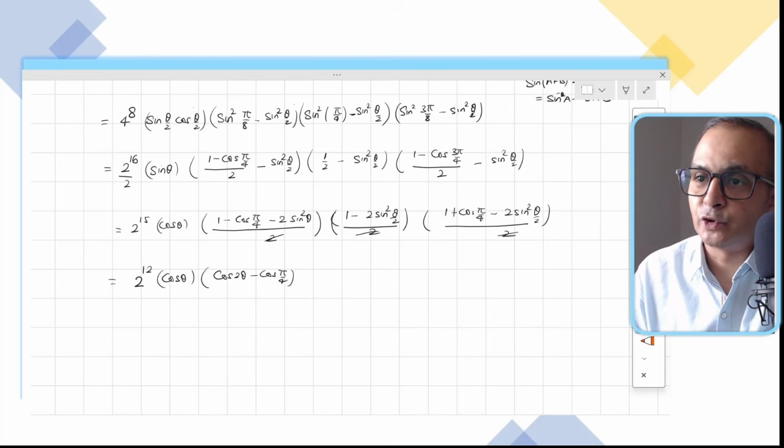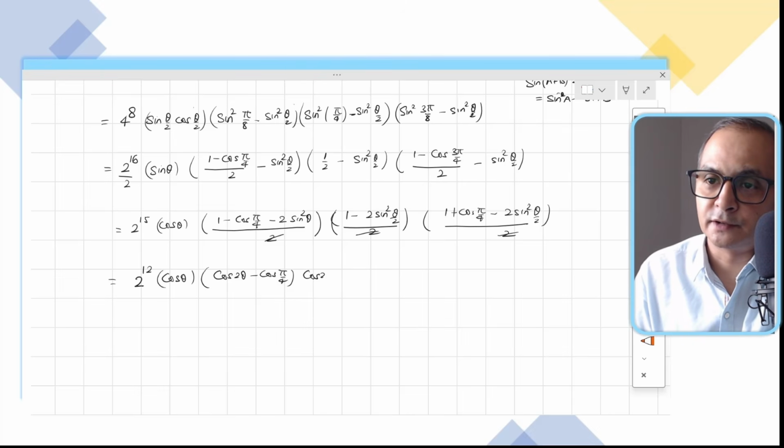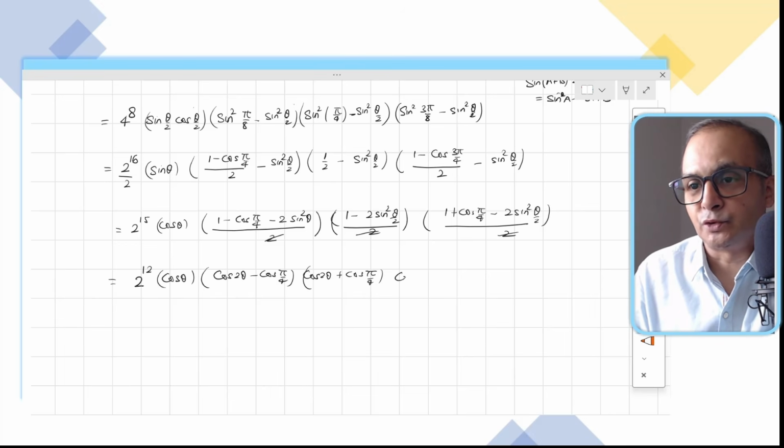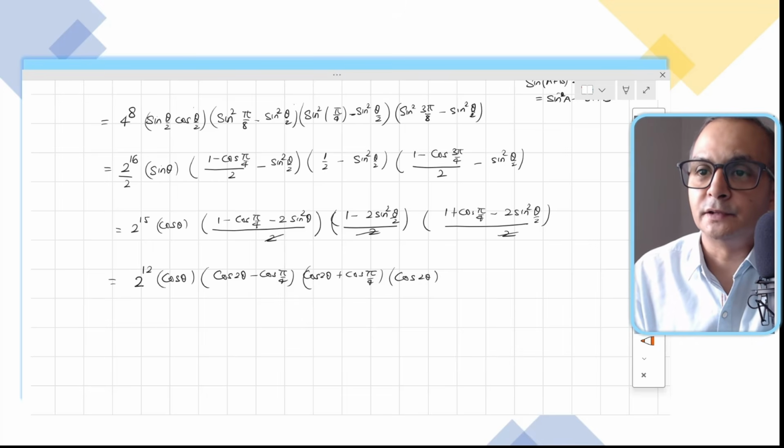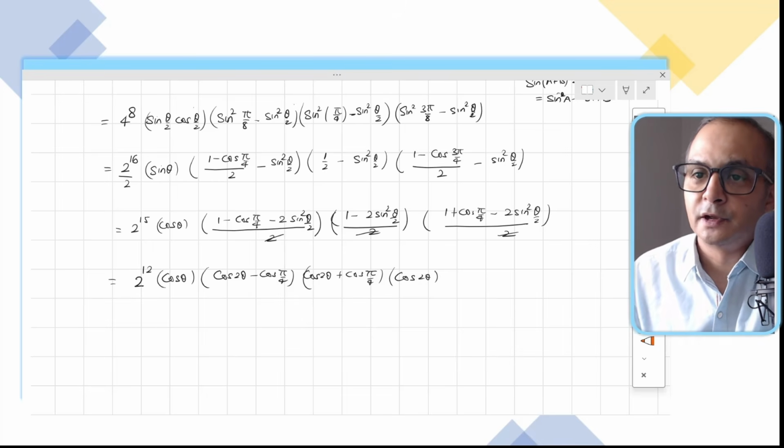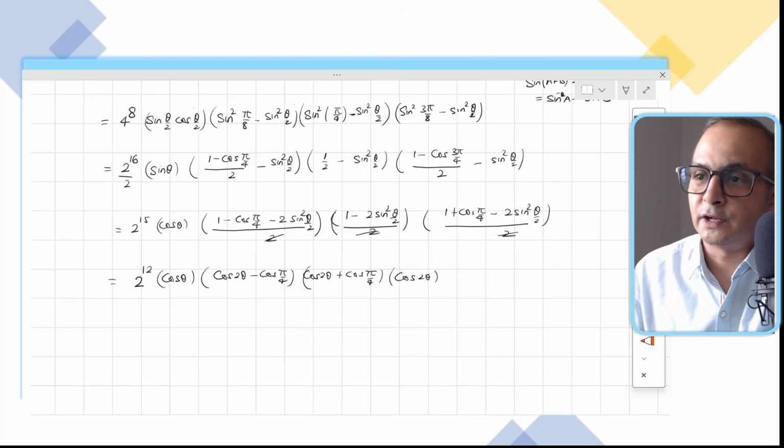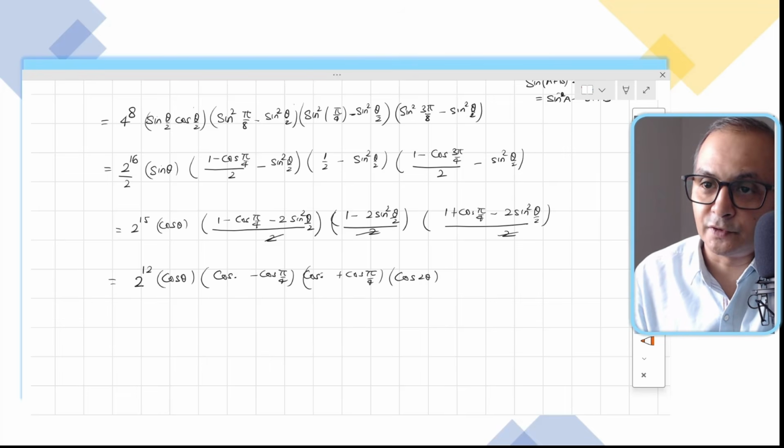And notice this is going to be cos theta plus cos pi by 4. Sorry, this is theta by 2, so this will give you not 2 theta, just theta. Sorry for that. This is cos theta, this is cos theta, this is cos theta.